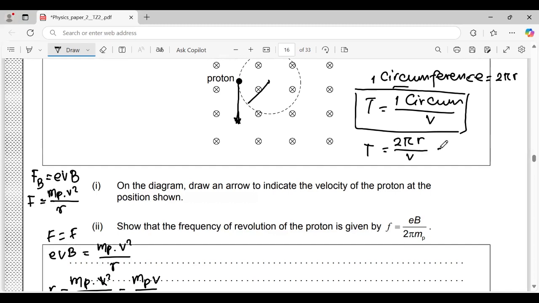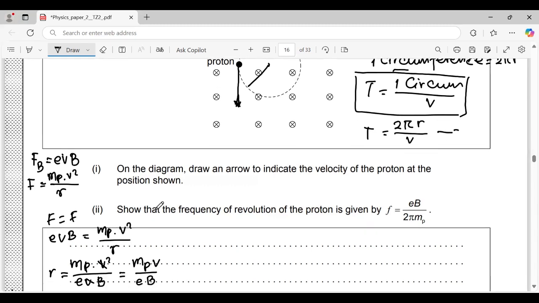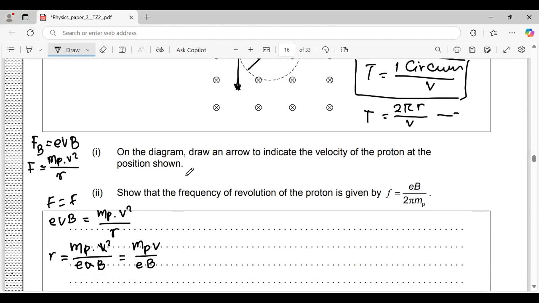So we can substitute the r into this formula. I would like to write here: T equals 2 pi r over v. We're going to substitute this fraction, mv over eB, into this r.